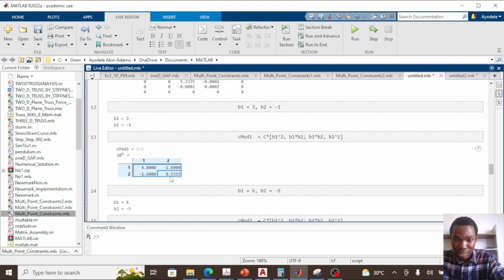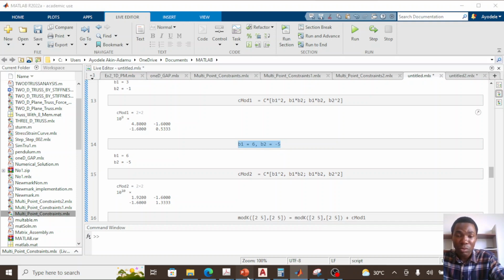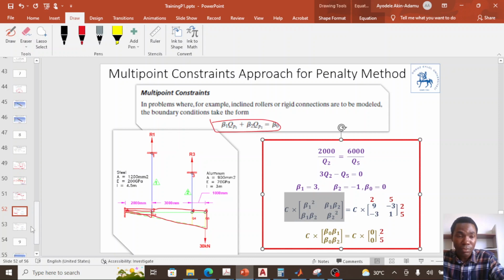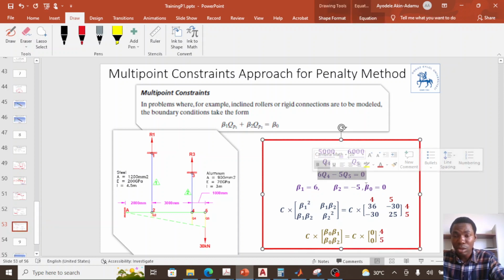You should note that. For our second multipoint constraint equation, our beta 1 is 6, our beta 2 is minus 5. Let me quickly show you on the PowerPoint. We see this is our second multipoint constraint equation. Beta 1 is 6, beta 2 is minus 5.